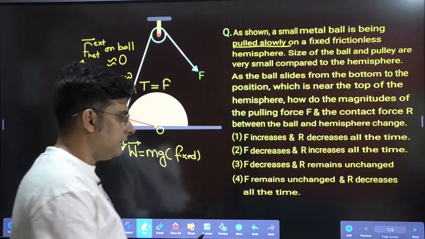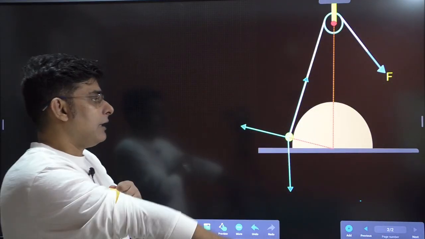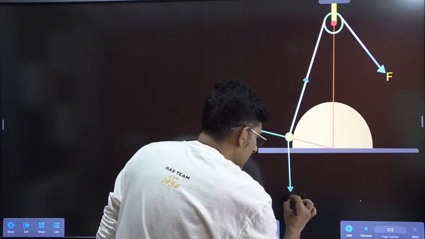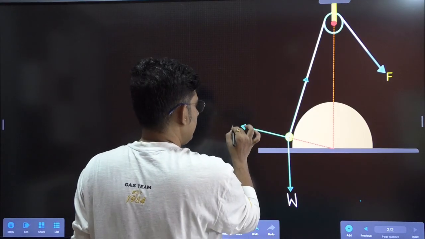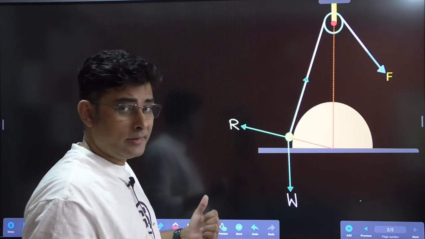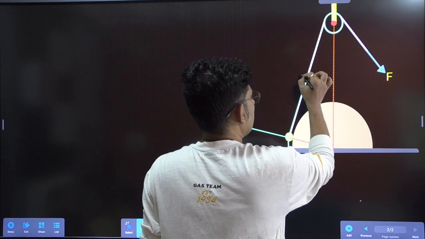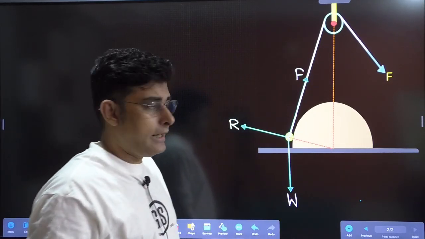So I have already drawn the diagram once again where I have to mark the forces. So here, as I said, this force is W, which is fixed. Here we have the reaction force R, which I don't know whether it is constant or variable. We have to check that. And we have this tension, which is F. Right?